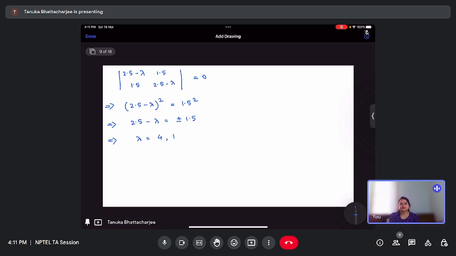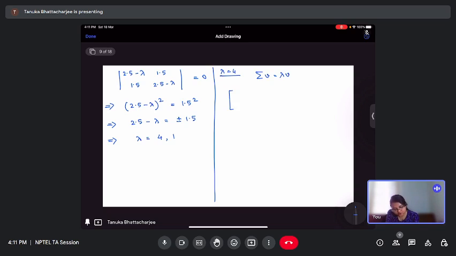Now once we have these eigenvalues, the next step is to find the eigenvectors corresponding to each of them. Let's say first we consider the eigenvalue lambda equals 4. The formula to compute the eigenvector, which we denote by V, is sigma V equals lambda V. That's the eigenvector equation, right?